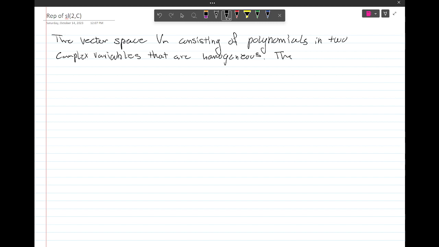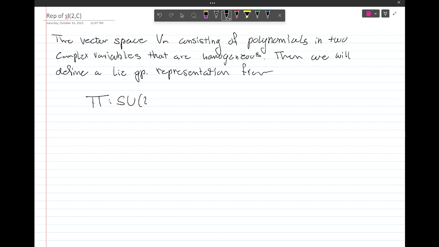Then we will define a Lie group representation from SU2 to the general linear group on Vm.